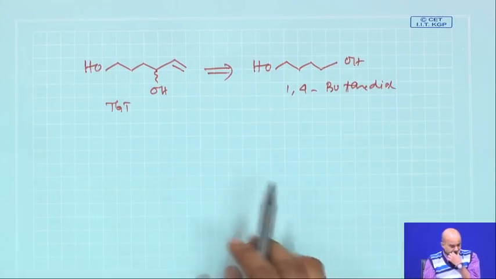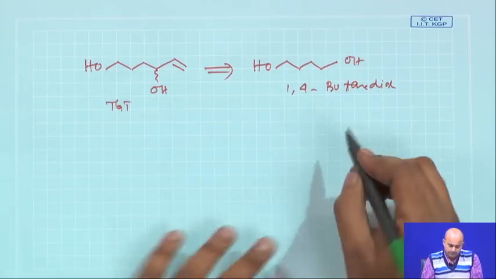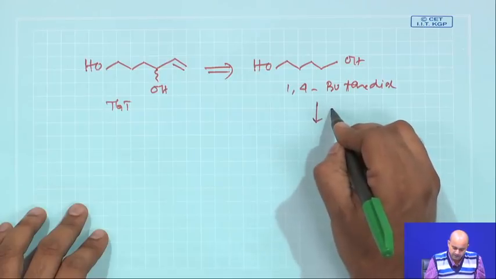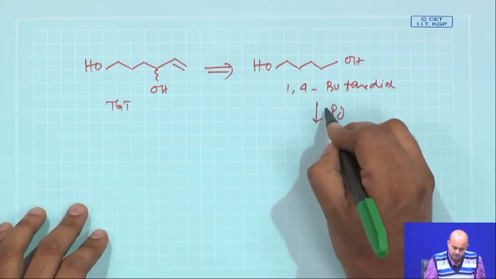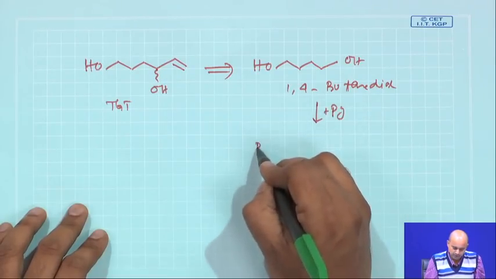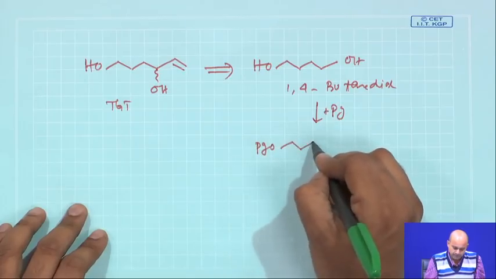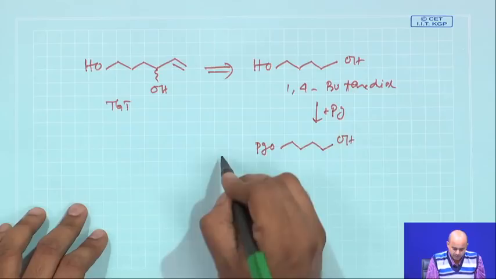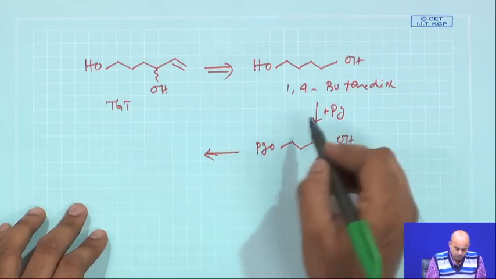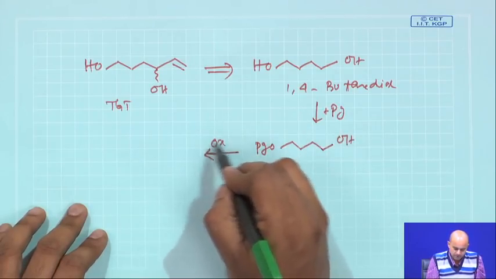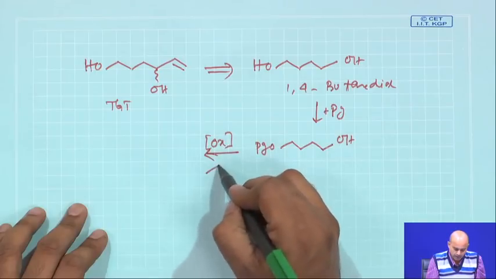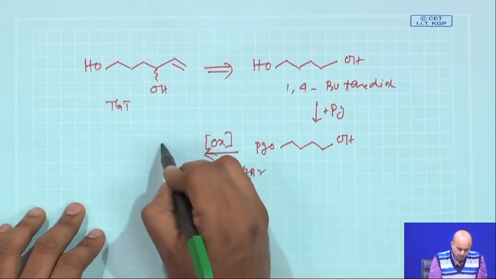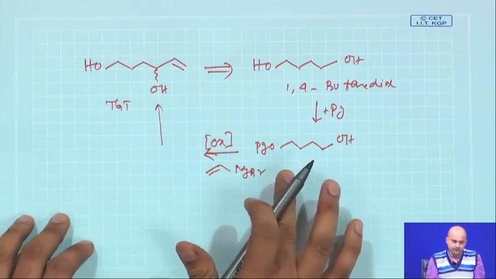Now, this one you can simply do by a very conventional reaction. You do a monoprotection, so basically you get OPG and OH. Now, what do you do? You do an oxidation and then vinyl magnesium bromide to get the target molecule. It is as simple as that.